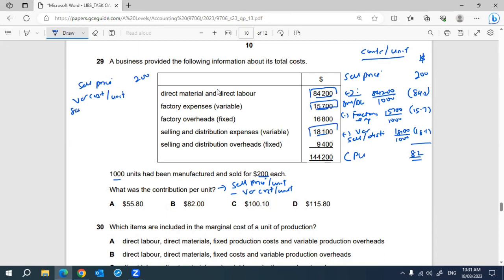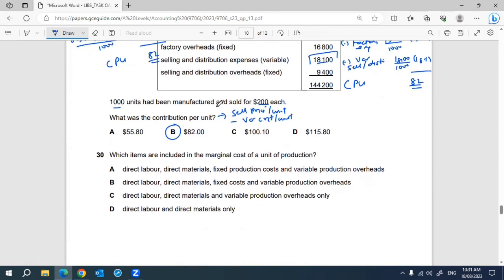So that will be 84,200 plus 15,700 plus 18,100, and altogether divide by 1,000. That would give us 118, which would round to the same answer. So therefore, the correct answer is B.